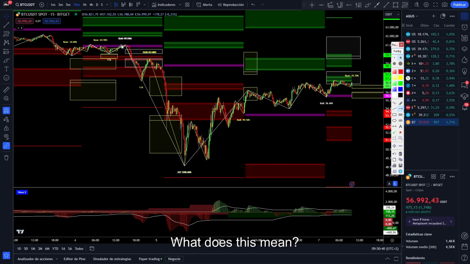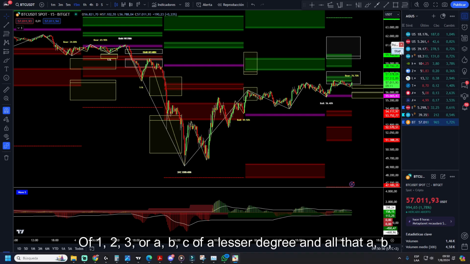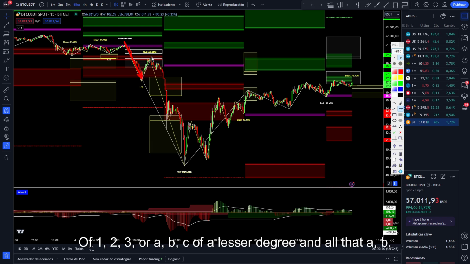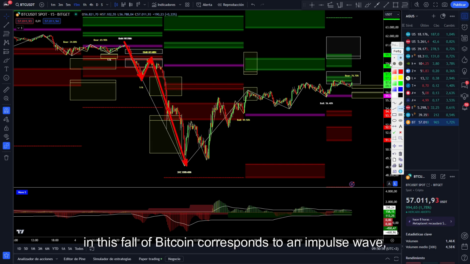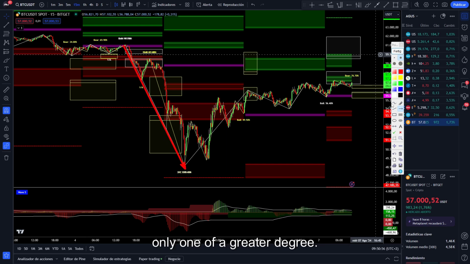What does this mean? Within an impulse, we can have an impulse of 1, 2, 3, or ABC of a lesser degree, and that ABC, for example in this fall of Bitcoin, corresponds to only one impulse wave of a greater degree.